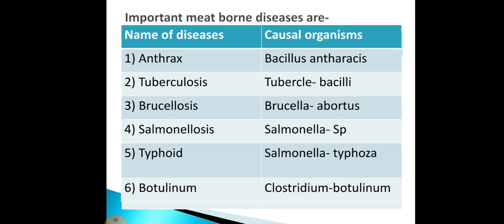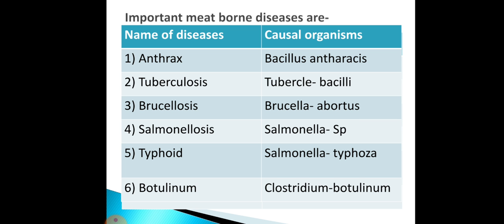The important meat-borne diseases are here. In the first column the names of the diseases are given, and in the second column their causal organisms or causative agents are given. So anthrax is a meat-borne disease. The causative agent is Bacillus anthracis. Tuberculosis, tubercle bacilli.